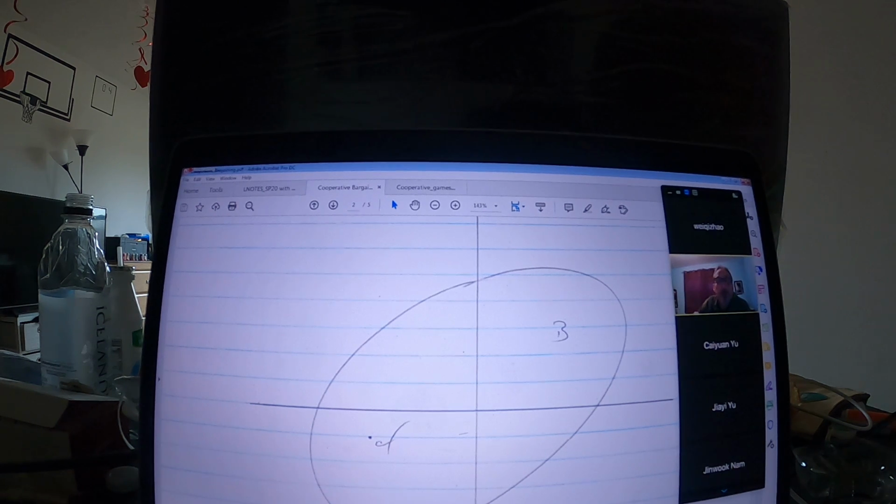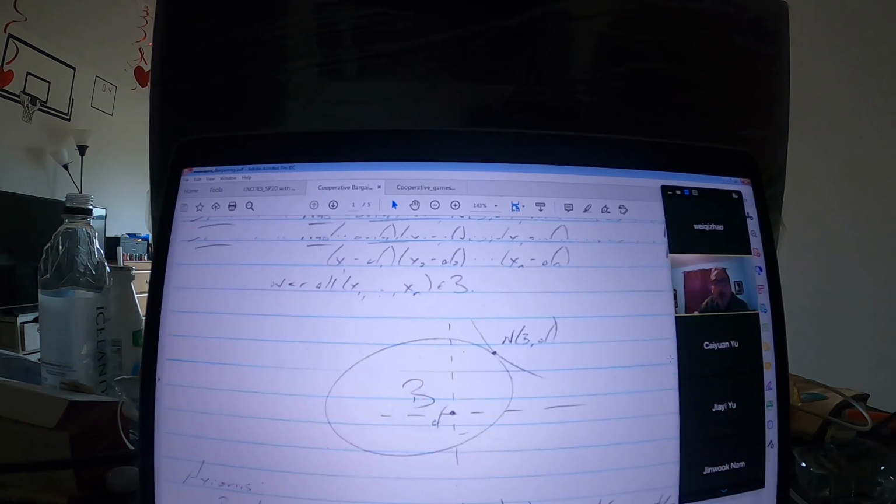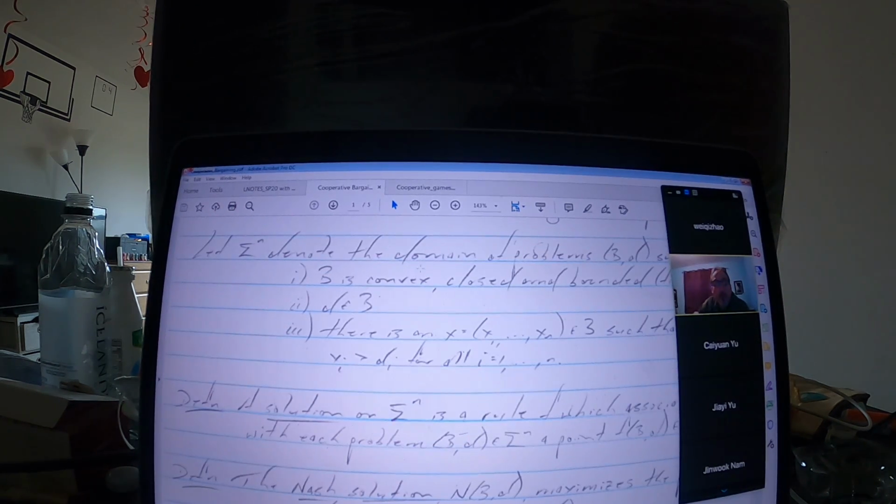If it went off to infinity, then that's effectively saying that someone could achieve an infinite payoff, and that doesn't seem reasonable. So we assume that the maximal payoffs of all of the players are limited to some extent. Okay, so those are the three assumptions we impose on B. This allows randomization.